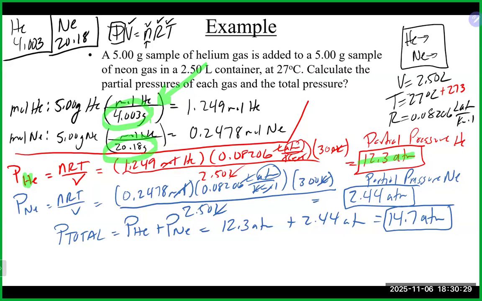Helium is much lighter, which means it's going to be flying around a lot faster. And because it's flying around a lot faster, it's going to cause more collisions than the heavier and slower moving neon. So you can see it causes a lot more collisions and a lot more partial pressure in this mixture than that from the slower moving neon. Any questions on that there?